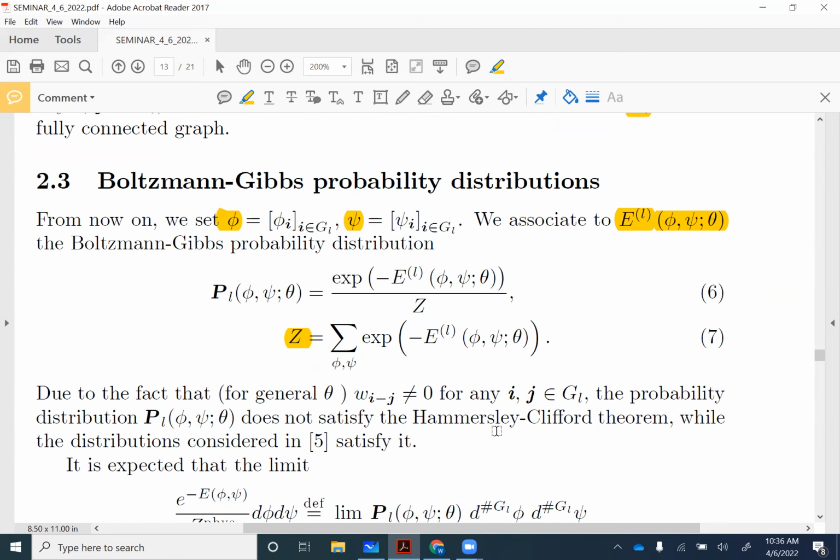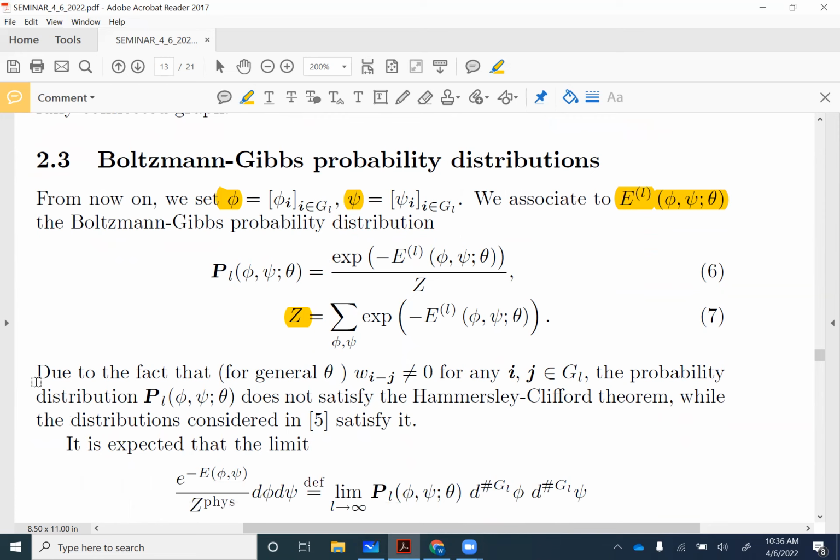Now, this is important because for a general value of the parameter theta, for any ij in GL, the probability distribution doesn't satisfy the Hammersley-Clifford theorem, while the distribution considered in this paper satisfies it.